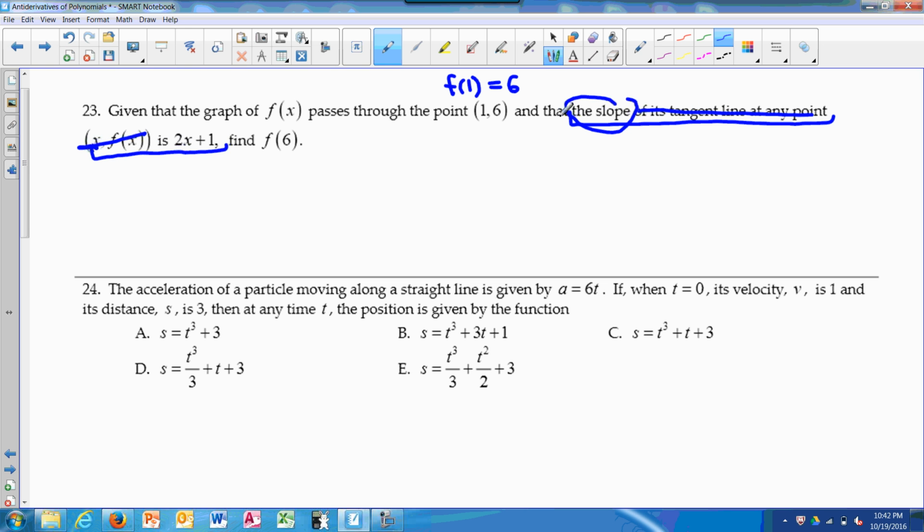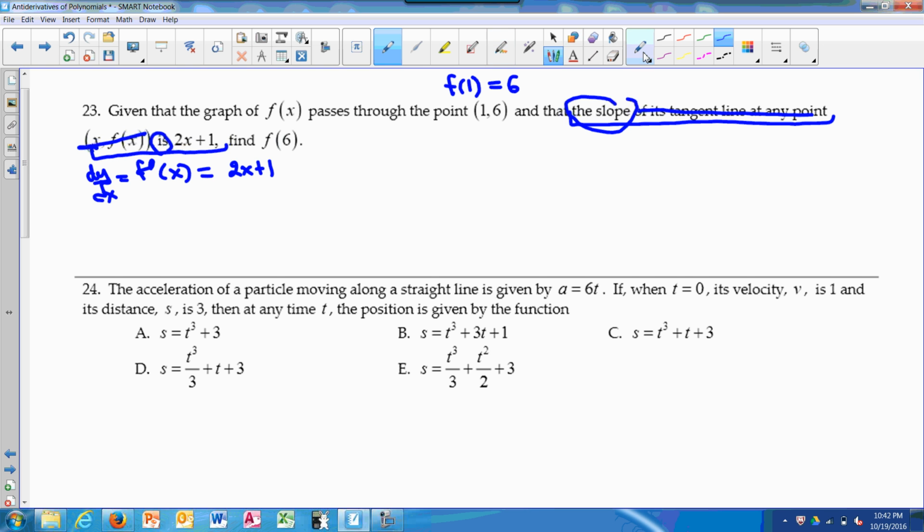If we had just said the slope is 2x plus 1, that would still mean the same thing because the slope of the curve and the slope of the tangent are the same. So as long as they don't say it's the normal slope or anything like that, the slope of the tangent is this. That really means that dy/dx, or f prime of x, equals 2x plus 1.